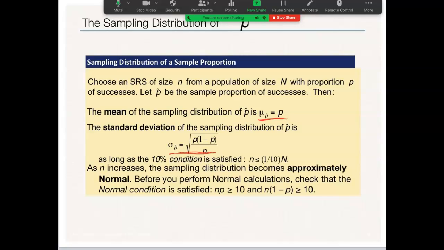And then we have this 10% condition that we need to use to be able to actually compute the standard deviation. We briefly talked about this in the last unit. It has to be safe to assume that the sample size is less than 1/10 of the population size. All that does is ensure that the individuals in the population can be considered independent in our sample.